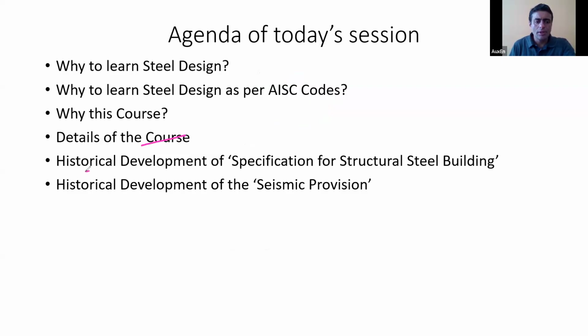Then we will move on to the historical development of the structural steel code that we now know as AISC 360, over the past 100 years. And then we will also look at the historical development of the seismic provision that is now known as AISC 341. So let's start our discussion then.